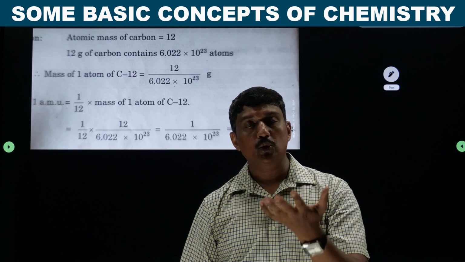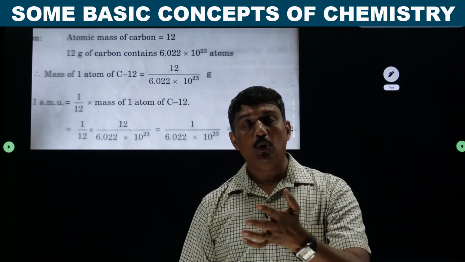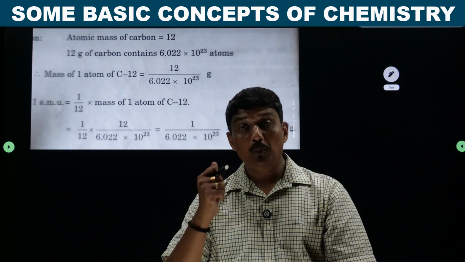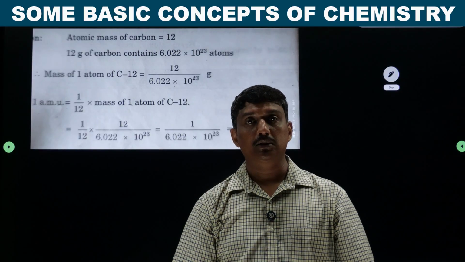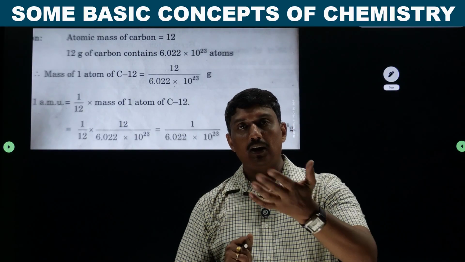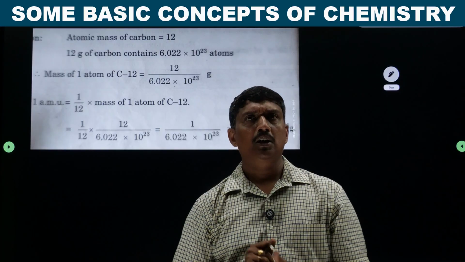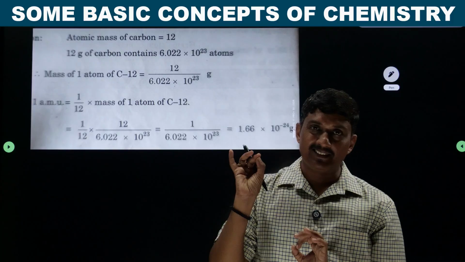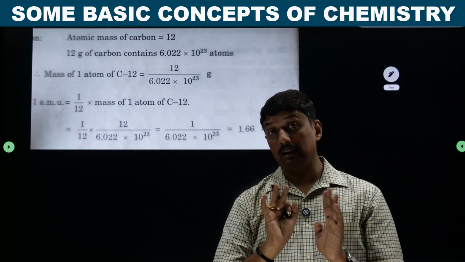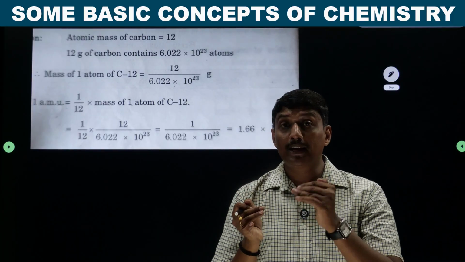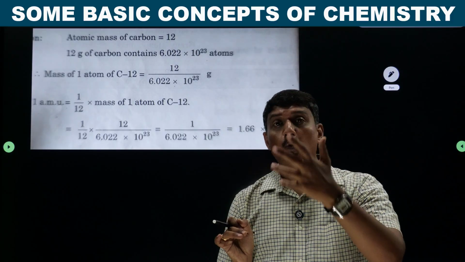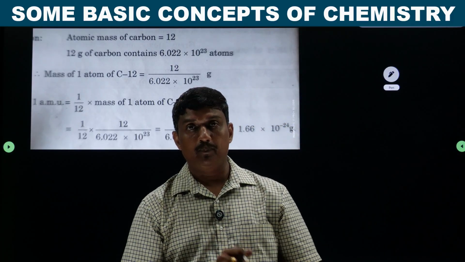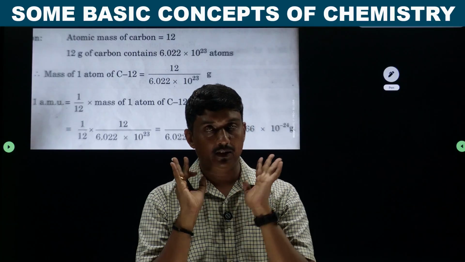If I ask you to bring 1 mole of carbon, how much should be taken is the question, right? If I ask for 1 mole of HCl, you know 1 mole of HCl is 6.022 into 10 to the power 23 molecules of HCl. That number is known. To get that number, how much quantity should be taken is the question. It is very simple.